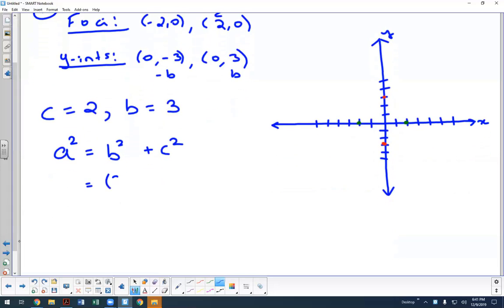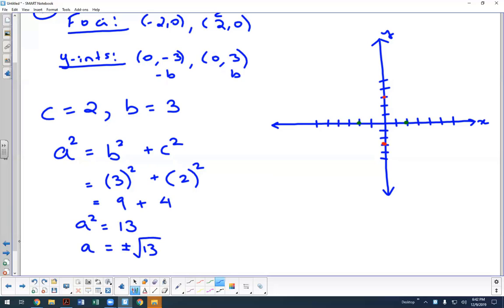So our b squared will be 3 squared, c squared will be 2 squared. 3 times 3 is 9, 2 times 2 is 4, 9 plus 4 is 13. That's a squared, which means a will be positive and negative square root of 13.